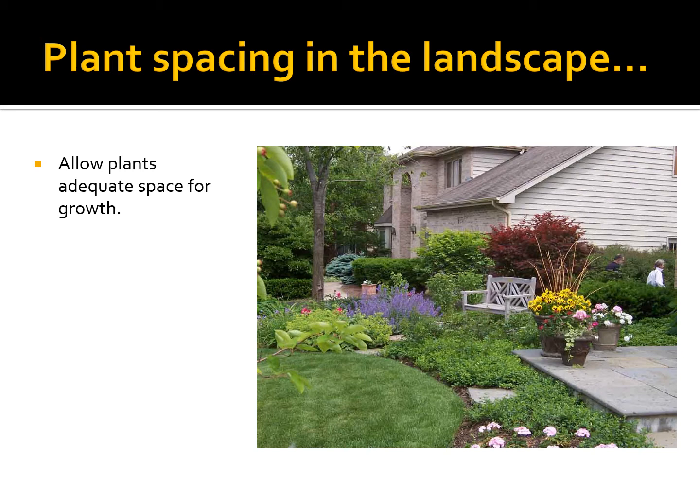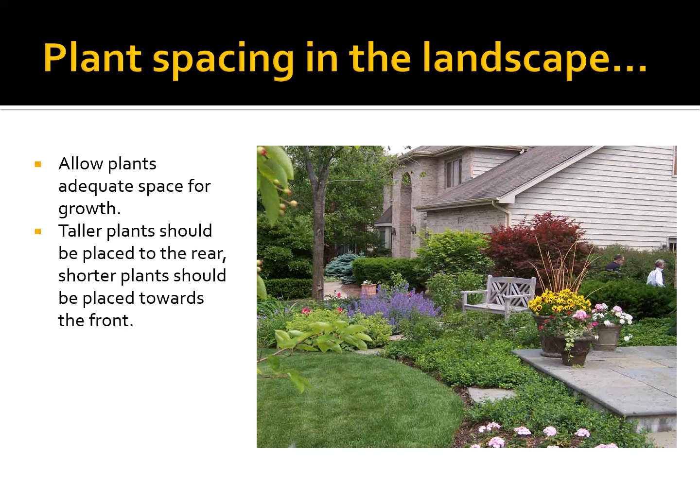Okay, when it comes to planting in the landscape, for example around your home, you also have to consider that the plants you put into the landscape are going to need sufficient space and adequate light for growth. The general rule of thumb is the taller plants should always be placed to the rear, that is, closest to the house. The medium-sized plants would be in front of the tall ones, and then the shortest plants would be towards the front.